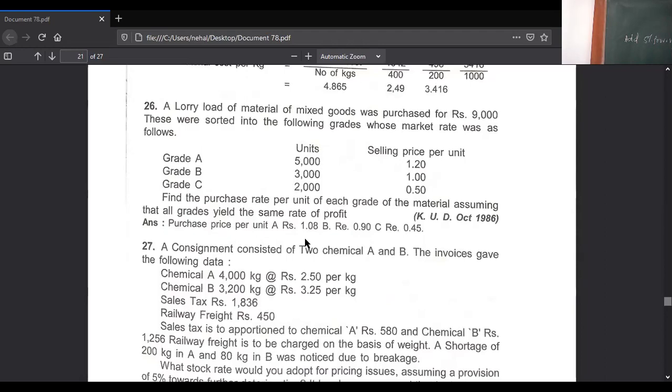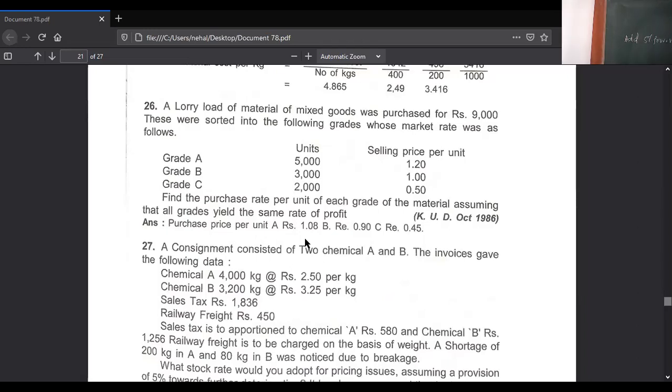Then complete the third one. 50 paisa is the selling price. 50 paisa into 10% is 0.05. 0.05 is the profit. You deduct it. 0.50 minus 0.05. What is the answer? 0.45.